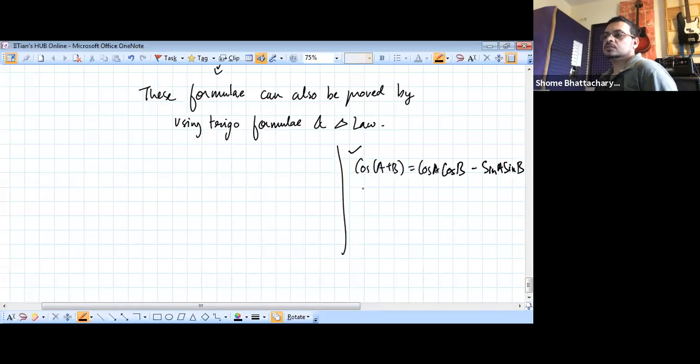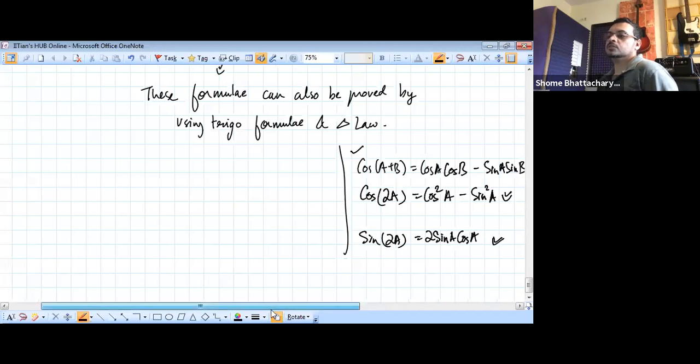You have studied it, okay. Similarly, cos 2A becomes cos square A minus sin square A. Similarly, sin 2A becomes 2 sin A cos A. So these kinds of formulae we are going to use. Let me show you how we are going to use them.